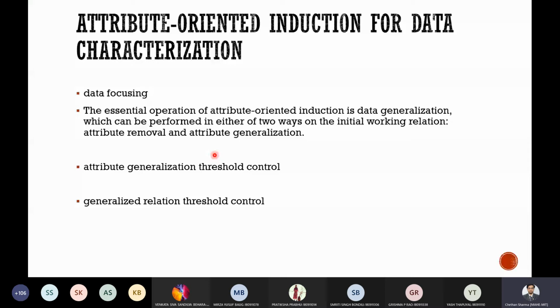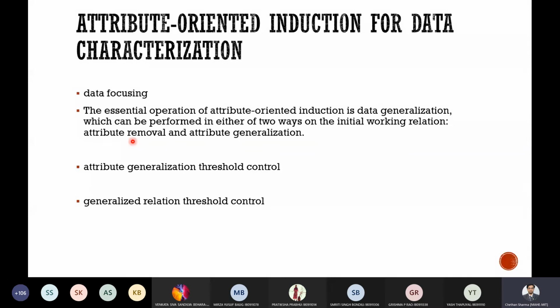I'll again repeat. This attribute removal is based on the following rules. If there is a large set of distinct values for a particular attribute in the initial working relation, there are two cases.